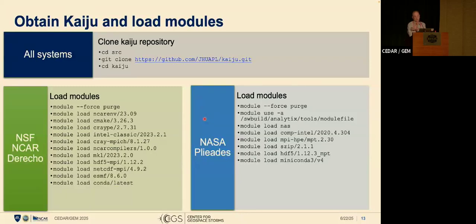HDF5 is what we primarily use for output from the Gamera side modules and things like Raiju. NetCDF is what is needed for the TIEGCM output files. And then ESMF is a module that's needed to support the transformations inside of TIEGCM.